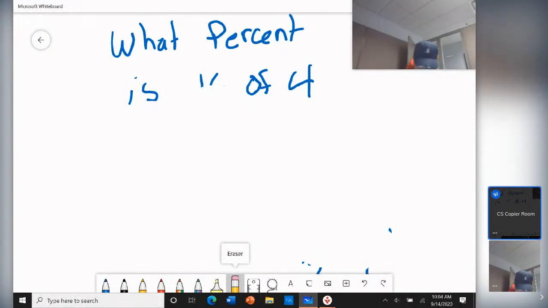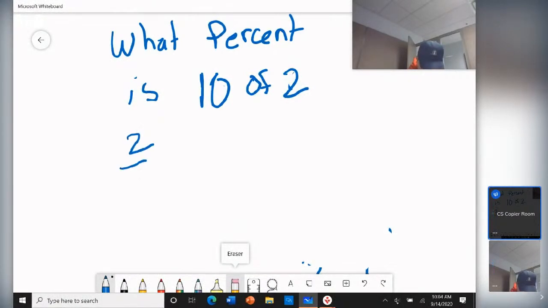Okay, let's do another one here. What percent is 10 of 2? Okay, so we're going to do the same thing. It's going to be 2 over 10. And that reduced is 1/5.